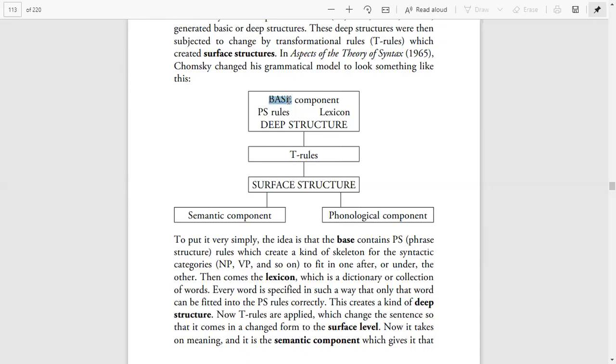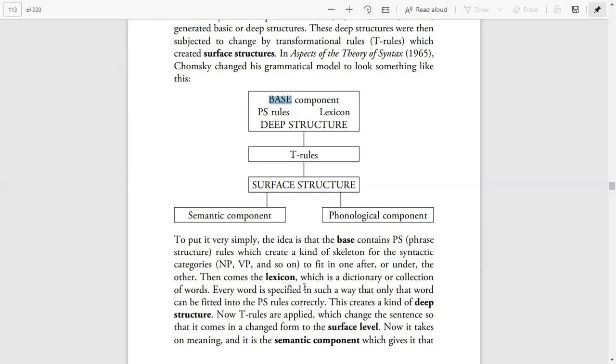So in syntax, we get noun phrases, verb phrases, prepositional phrases, etc. We get them from phrase structures, right? And where do the phrase structure rules lie? They lie in the base component, right? So we can say that this base component contains phrase structure rules, and from phrase structure rules we actually generate these NP, VP, etc.